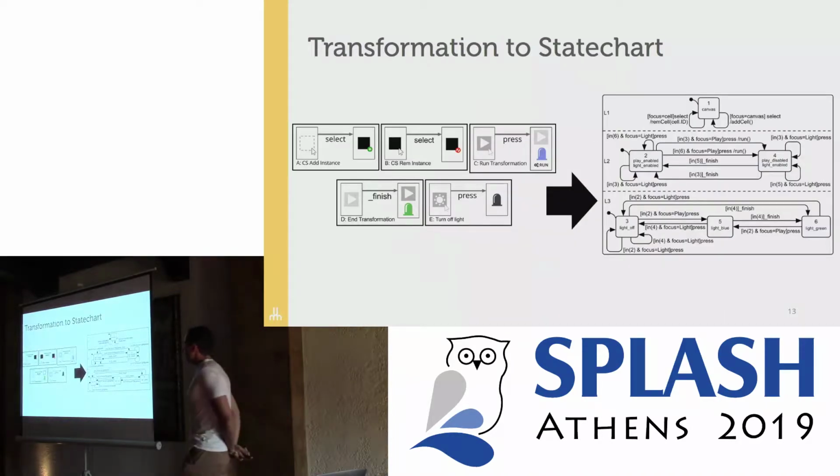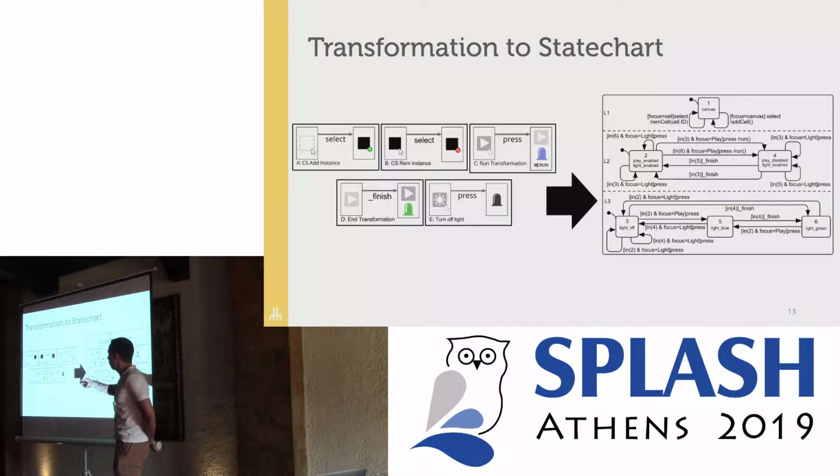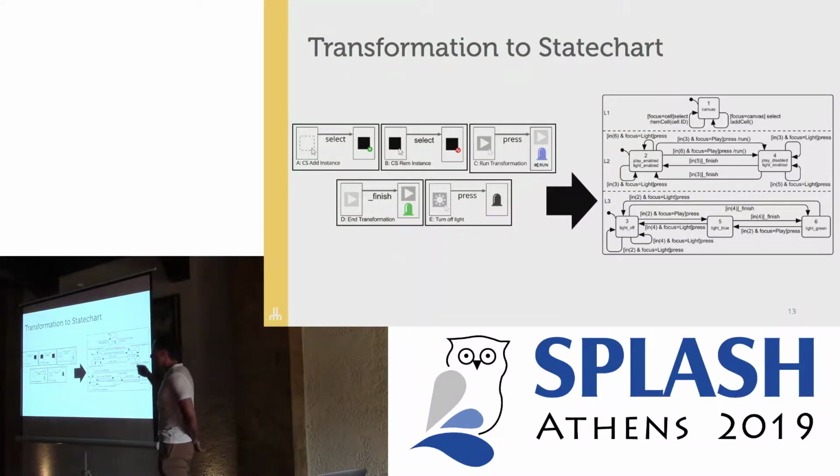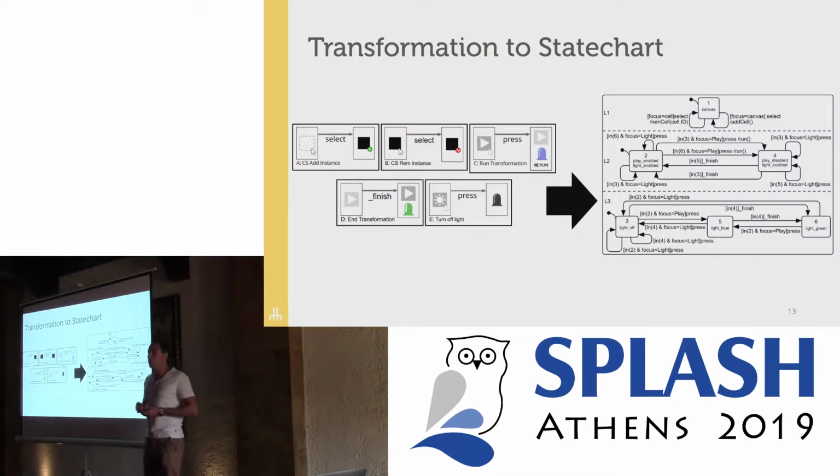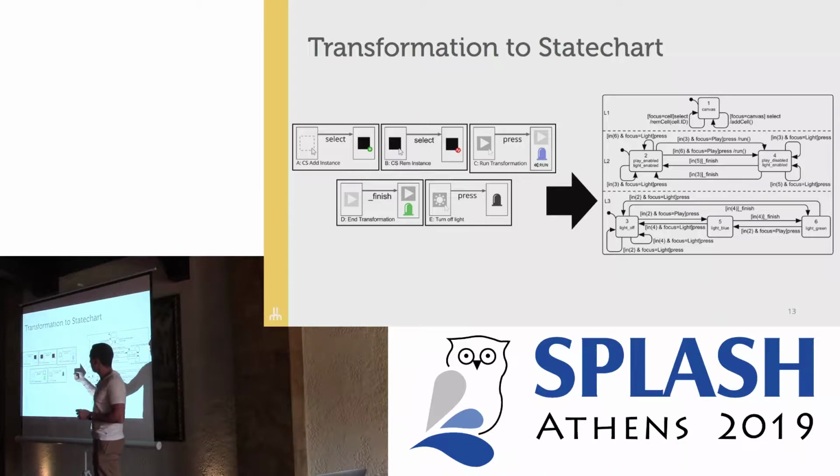So the question is, how do I take this set of rules and have some controller that is able to take care of all the possible interactions that can happen? Now, that is a very tricky transformation. We're doing MDE, so we try to actually model it using a model transformation. But the challenge is that any rule here could be applied at any time.